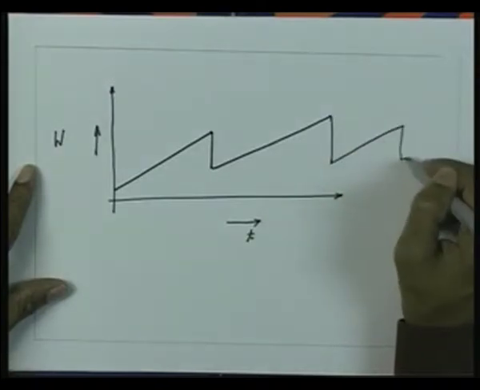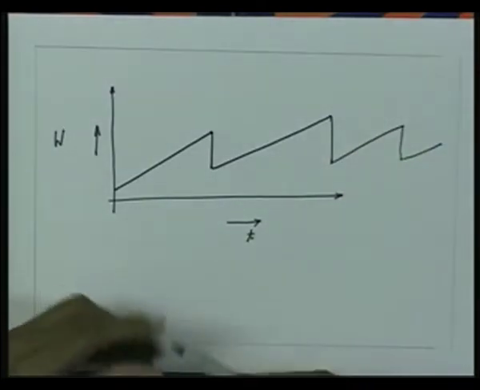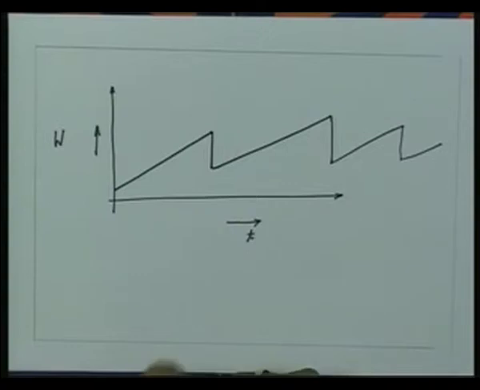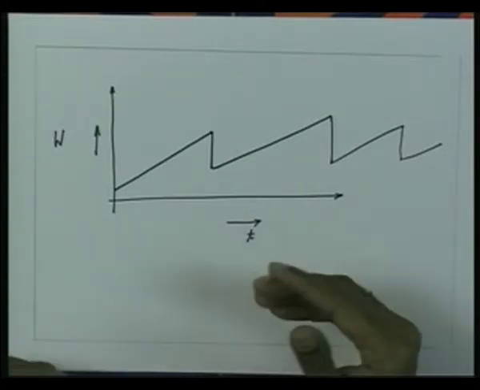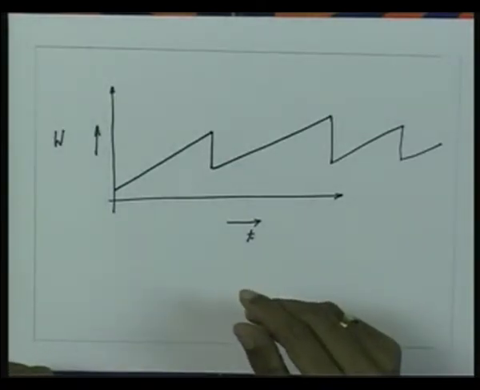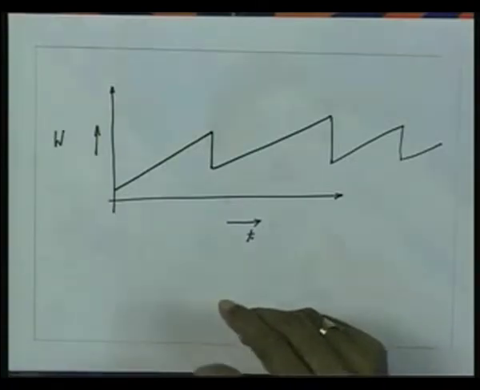This way, the evolution of the window size follows a sawtooth behavior. So let us try to analyze the behavior of TCP's congestion control mechanism.